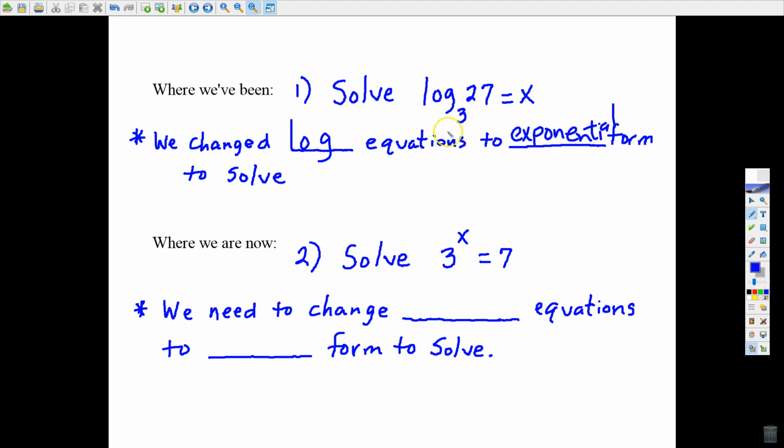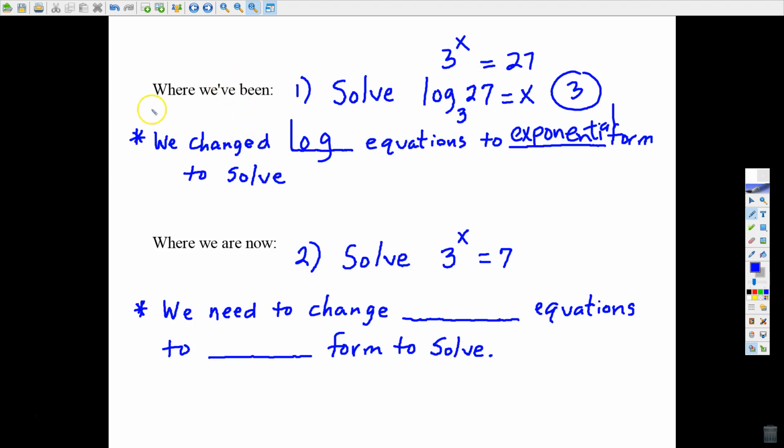So let me give you a quick example. In exponential form, this says 3 raised to a power that equals 27. So again, solving a log equation means you discover what that power is. So what would the answer be to this easy equation? 3. But the easy, nice way to solve log equations is to convert them, make them into exponential form.